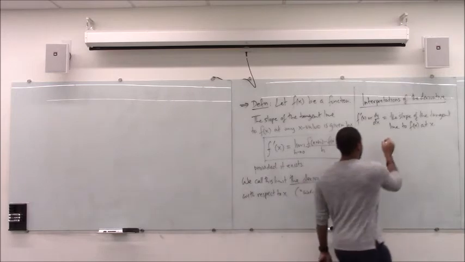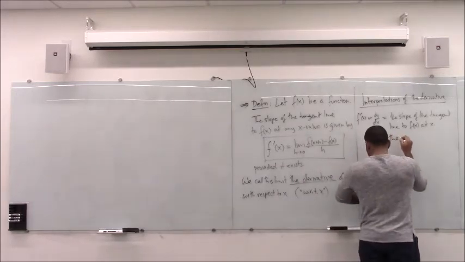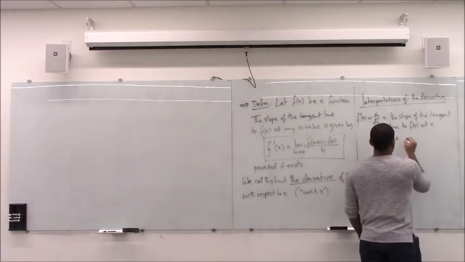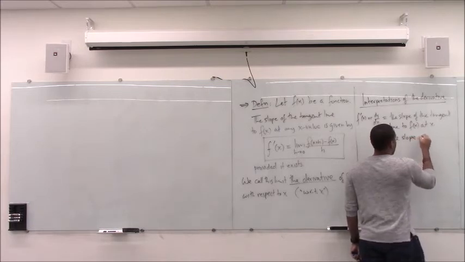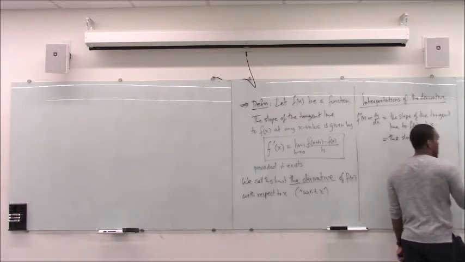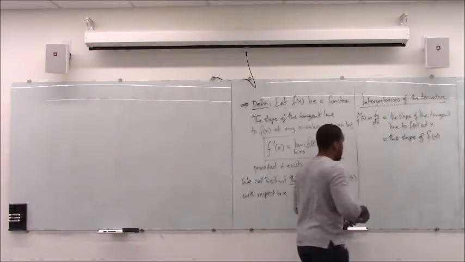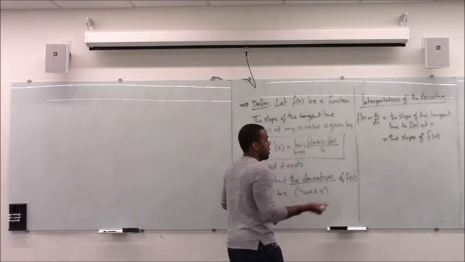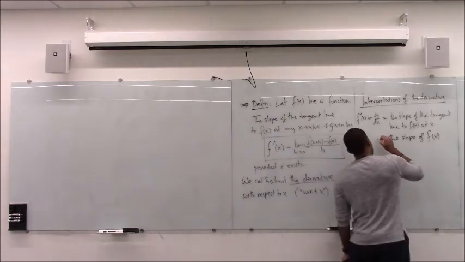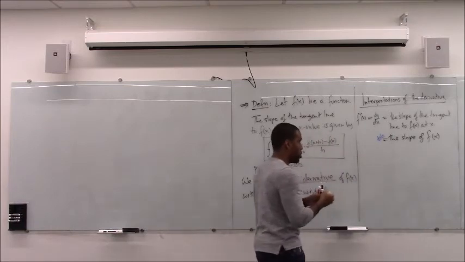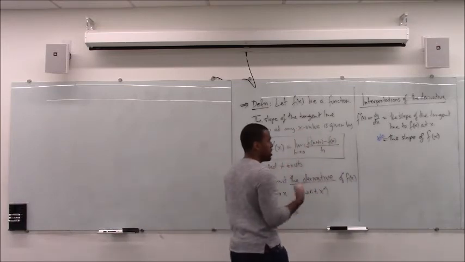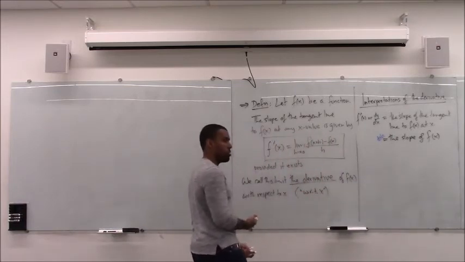Now, this is also more generally the slope of the function itself. We actually defined it to be the slope of the function. Now, in general, it's not the slope of the function, but at a specific point, when we zoom in, the function and the tangent line are doing pretty much the same thing.